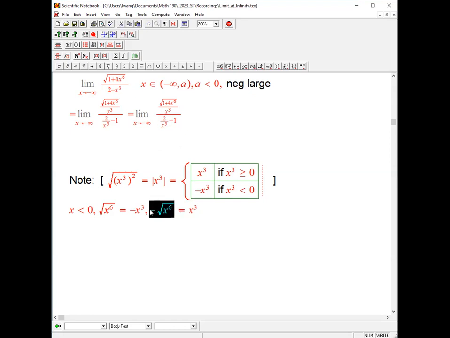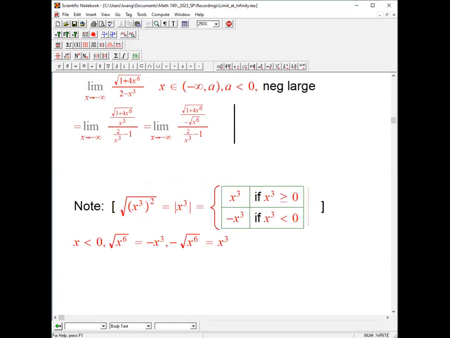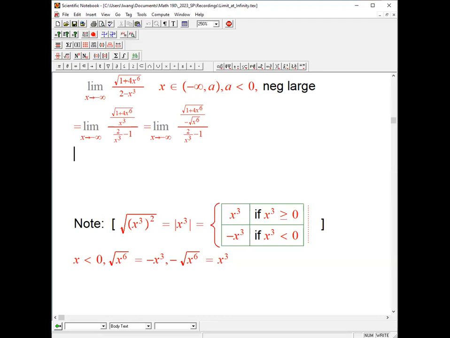So that's going to be this piece replacing x raised to the power 3. I see this is the part that needs some tender loving care. Once you have this, great.